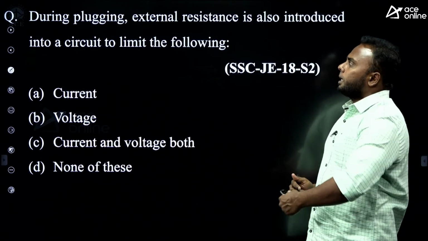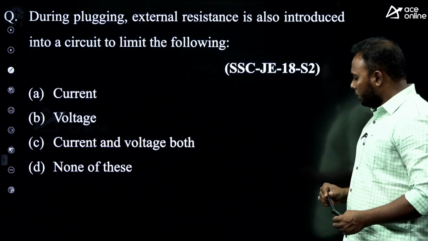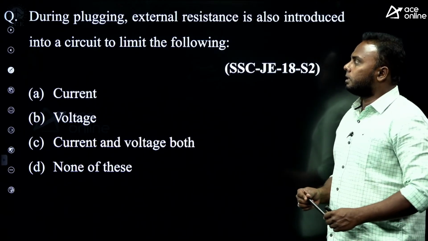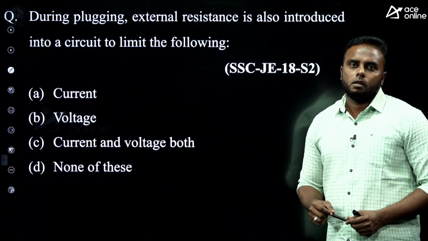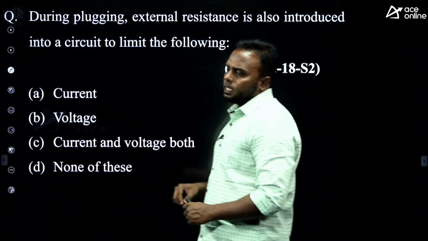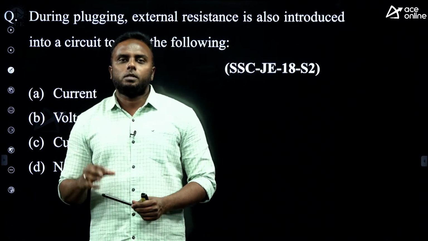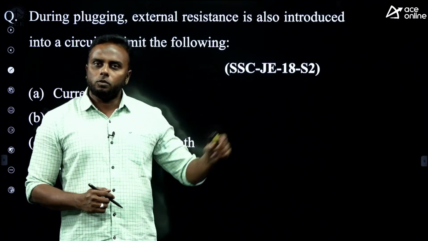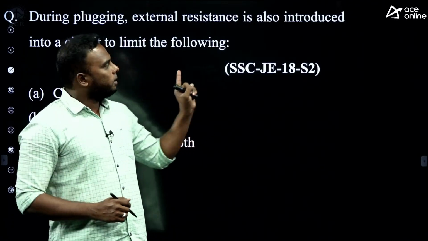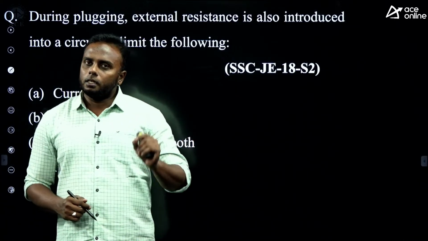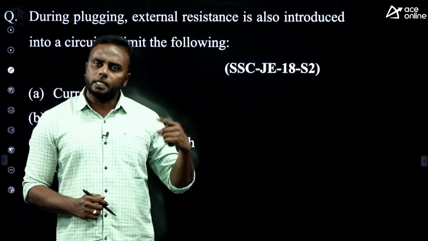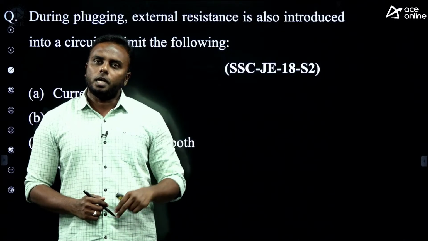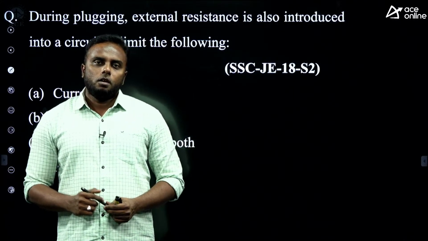See this. During plugging, external resistance is introduced into the circuit to limit dash. What is plugging? One of the electrical braking methods we use is the plugging method. In plugging, we add an external resistor. Generally in resistance braking we use a resistor, and in plugging also we use a resistor. Why are we using that resistor?